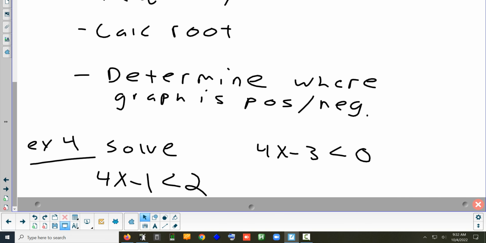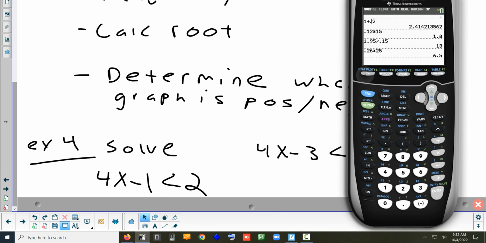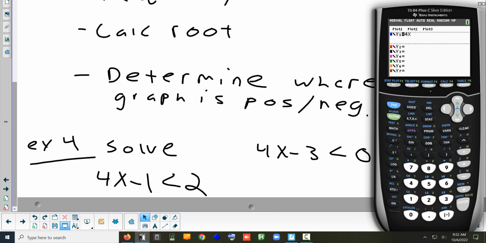Okay, now type in 4x minus 3. And what we're going to be looking for is less than 0 means below the x-axis, means under. So I'm going to be looking for where this line is under the 0, under the x-axis.